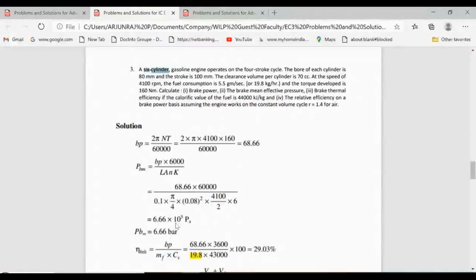What is the unit? Okay, and see, 1 bar is nothing but 10 power 5 Pascal basically. So when we convert that in terms of bar, you get 6.66 bar.